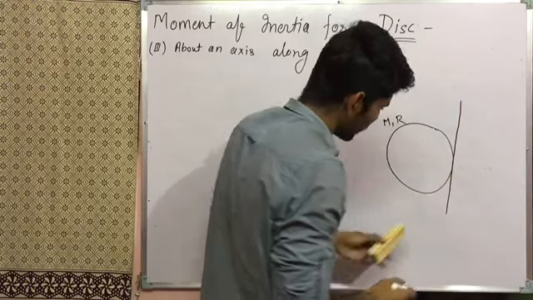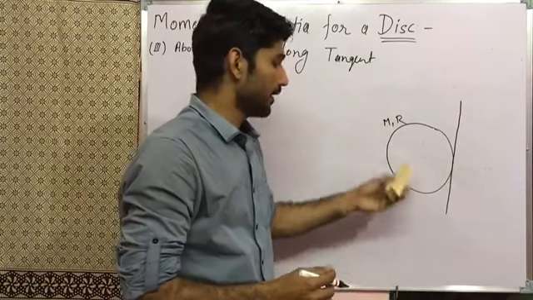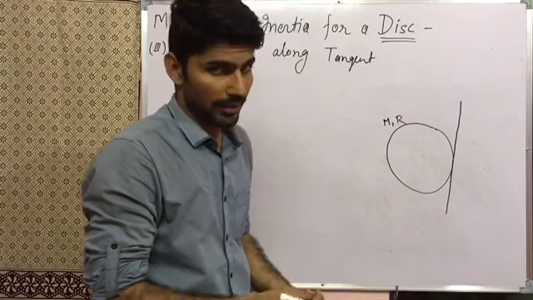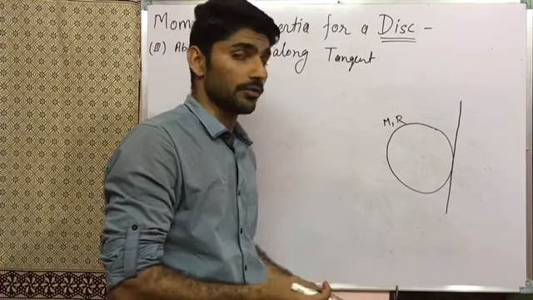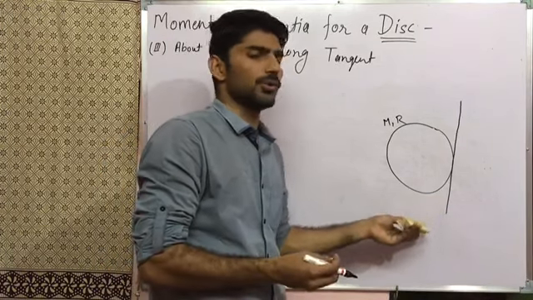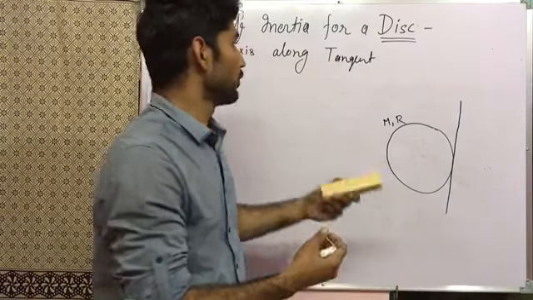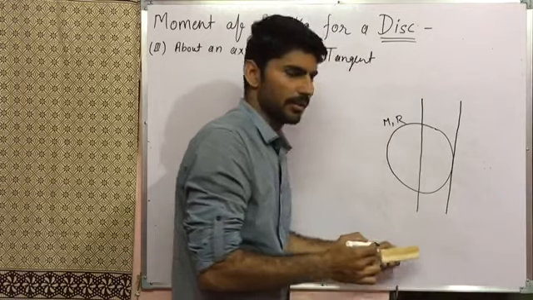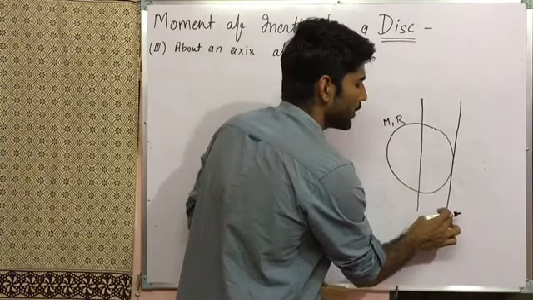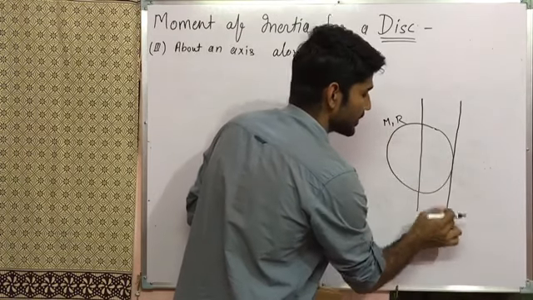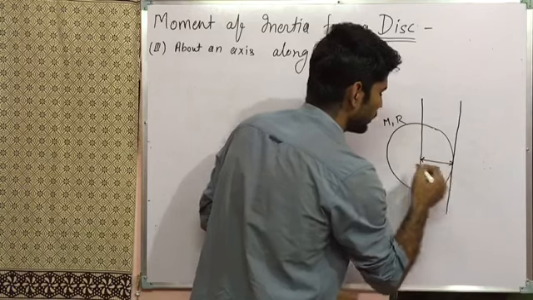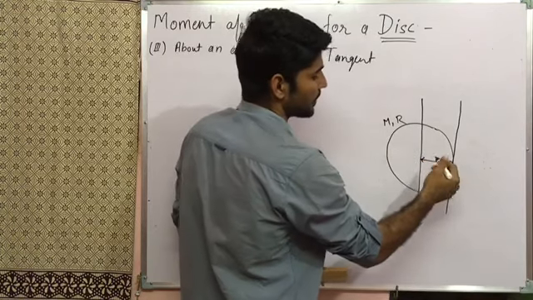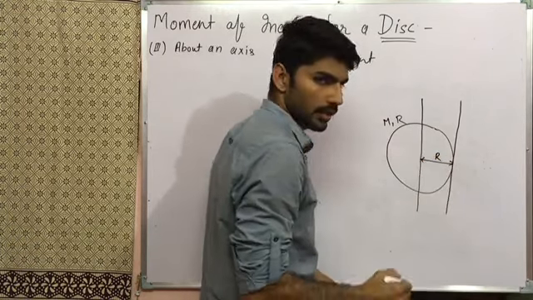This axis is along the x tangent, and here we use the parallel axis theorem. For the parallel axis theorem, we need an axis parallel to it, about which we know the moment of inertia, and that is here, along the diameter. This axis is parallel to this axis, and the distance between these two parallel axes is capital R.